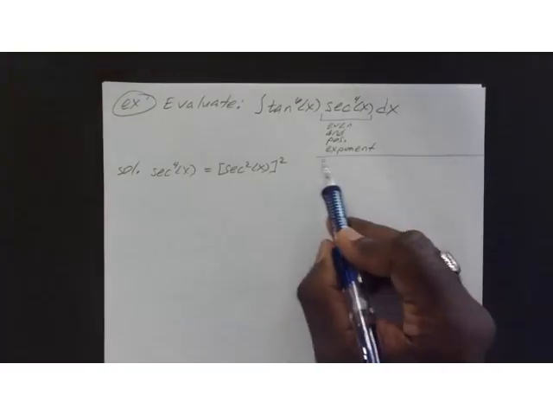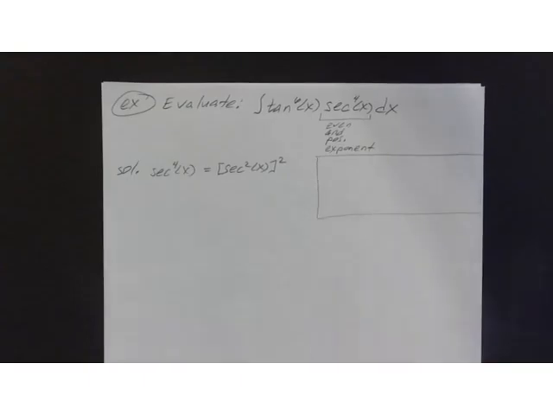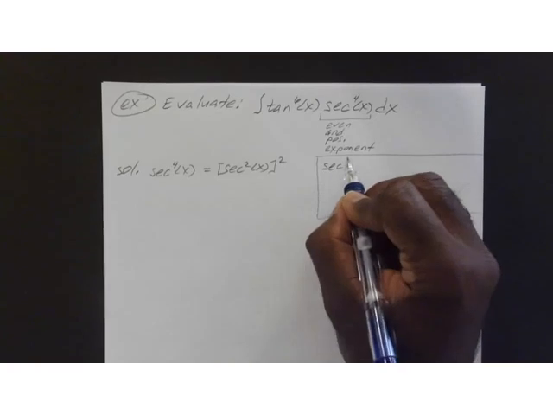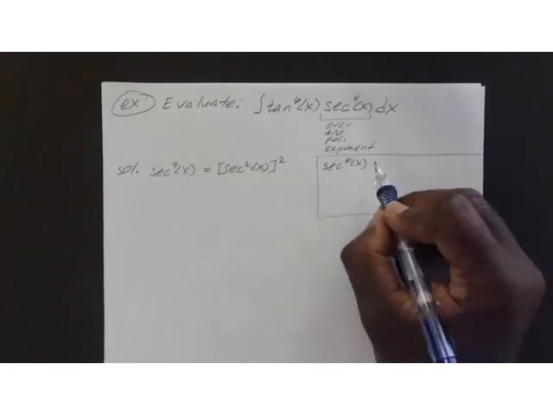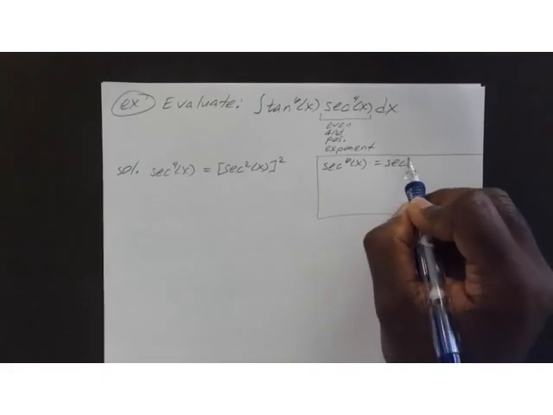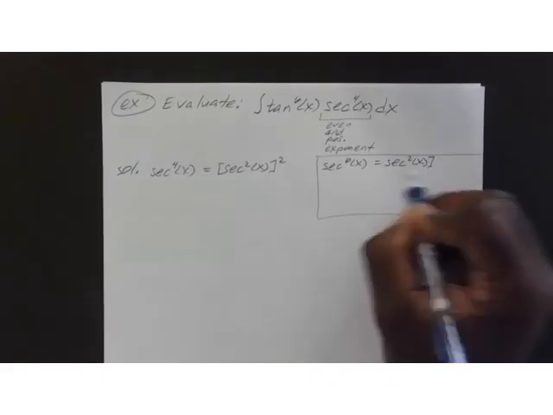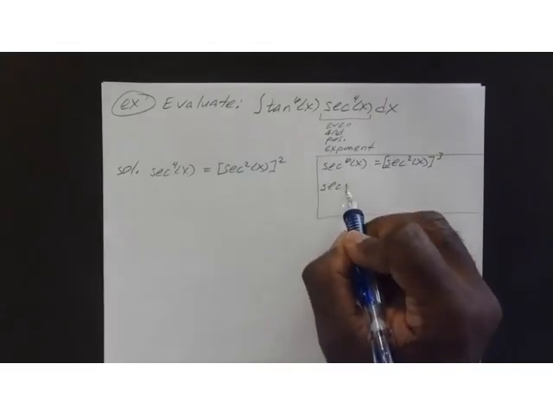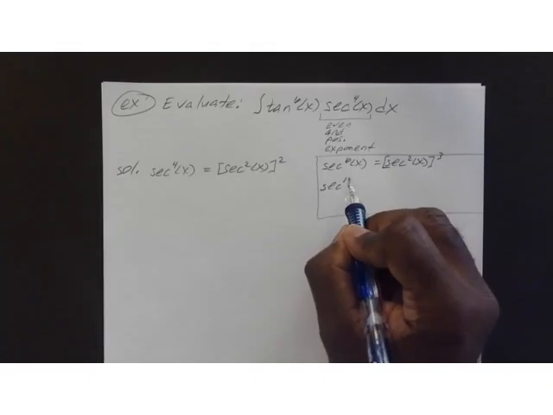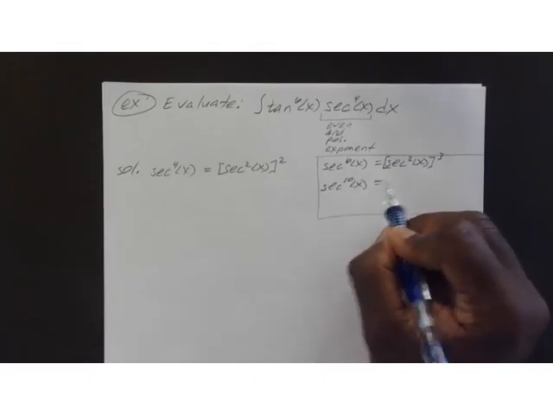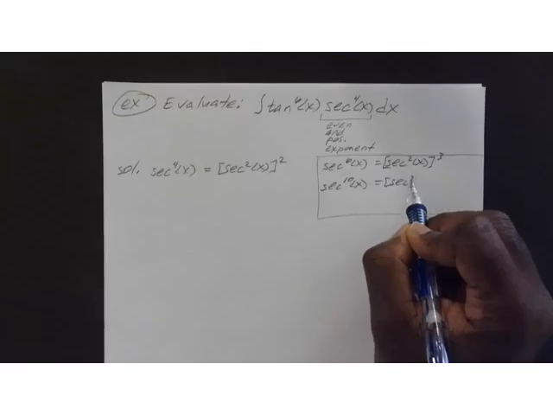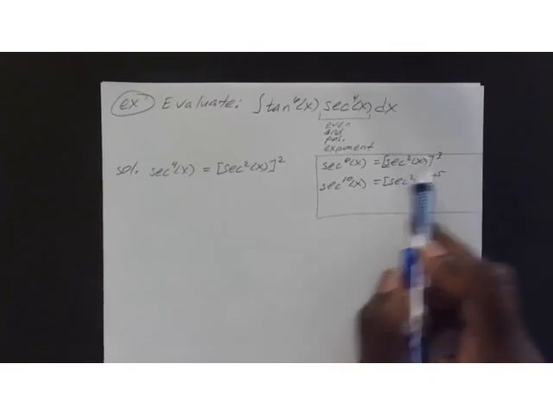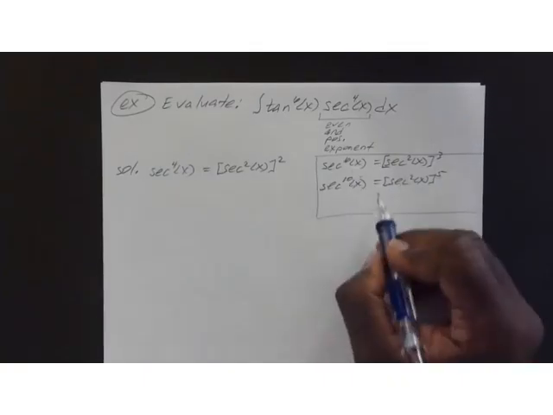Just for future, let's say if you had secant to the sixth power, that's just going to be secant squared to the third power. So if you had secant to the 10th power, that's just going to be secant squared to the 5th power. 2 times 3 gives us 6, 2 times 5 gives us 10, and so on.